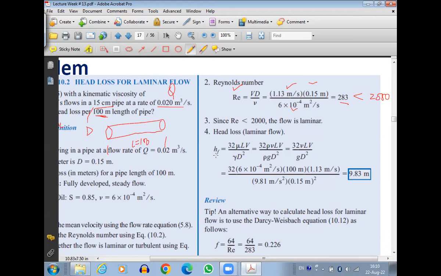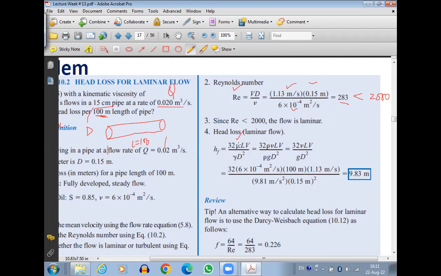For the case of laminar flow, we can find out head loss using the Darcy-Weisbach equation for the case of the Hagen-Poiseuille flow. So it will be HF = 32 μLV / (γD²). In this formula, μ is the dynamic viscosity that we know.